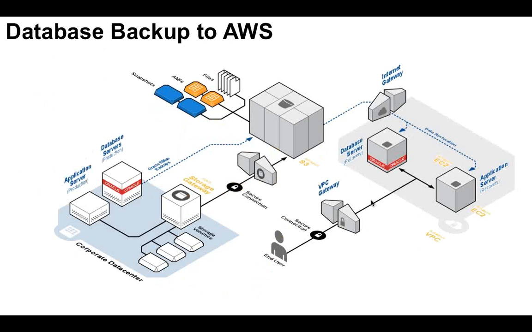The next, so once you have a VPC created and some resources, you can think about having the different patterns. And one that I mentioned was database backup to AWS. This is a very simple pattern where on the left of your screen you see we are using an Oracle database with an Oracle Secure Backup Oracle RMAN module that just directly writes data into AWS S3. Oracle Secure Backup could be one way of shipping data to AWS.